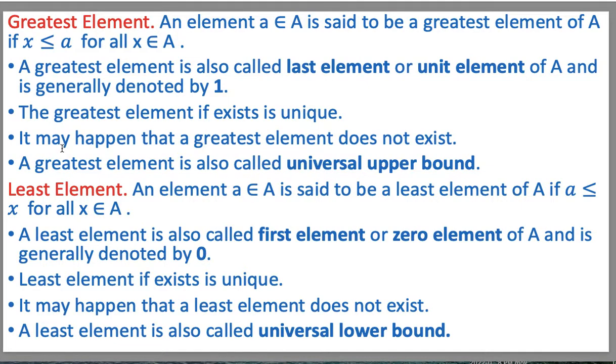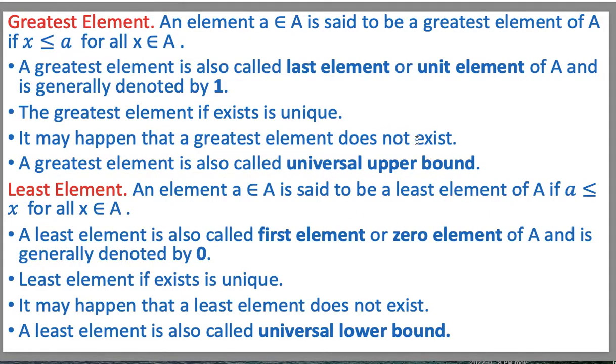It may happen that the greatest element does not exist. Greatest element is also called universal element. It is also called universal upper bound.